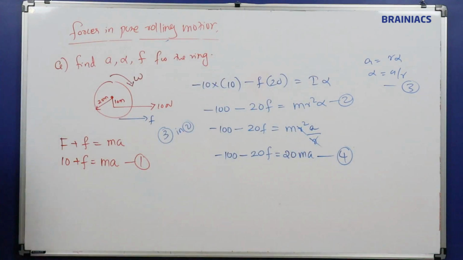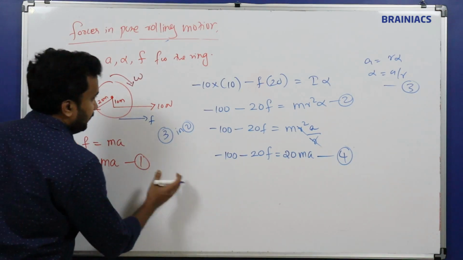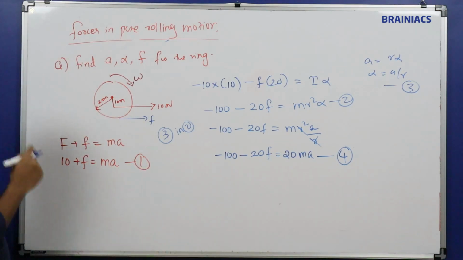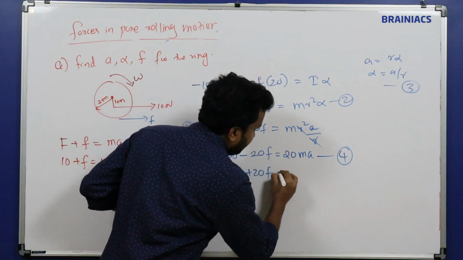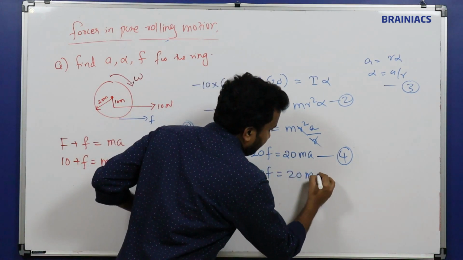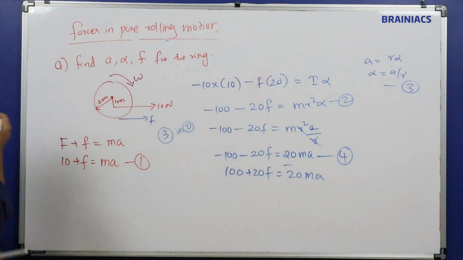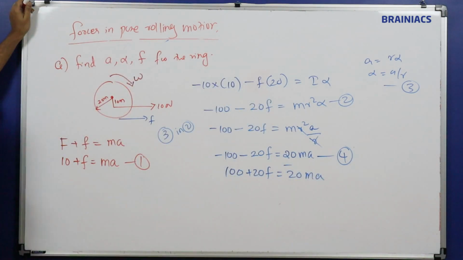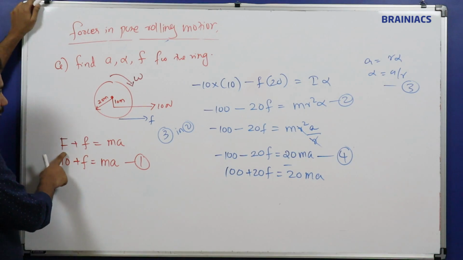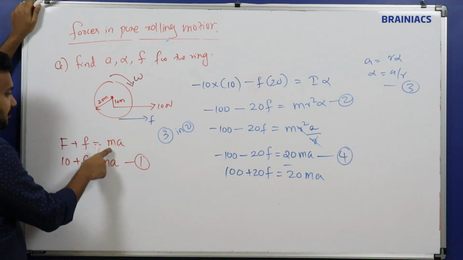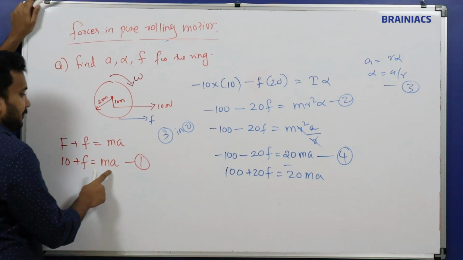Now we have to find out the values. Let me put it like this: 100 plus 20F is equal to minus 20 ma. Let's take capital F plus small f equal to ma: 10 plus f is equal to ma.